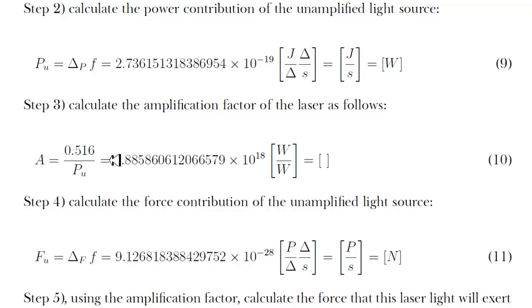And when you do that, you get this value here, 1.885, etc., times 10 to the 18th watts per watt. Okay, so this is unitless, of course. It is an amplification factor, so it's unitless. And so this is the amplification factor of the laser light, given the wavelength of light that was given in the original question.